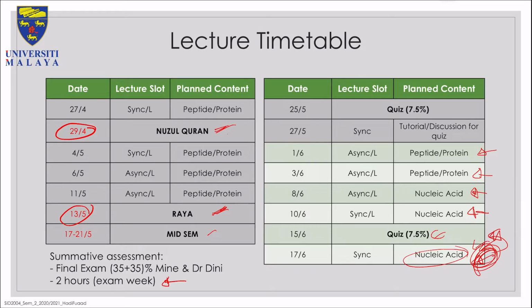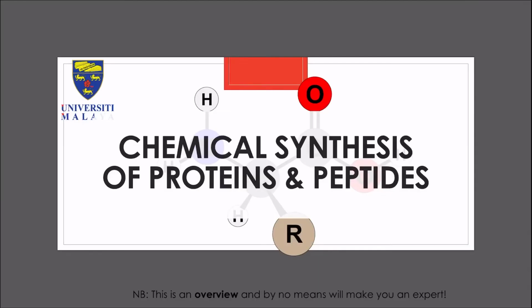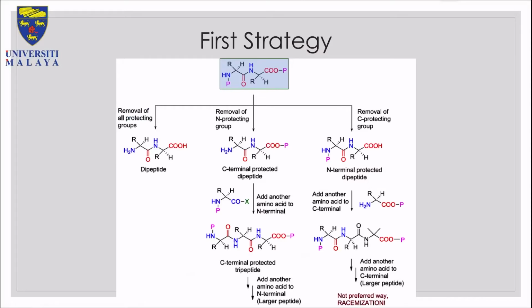But since we have a lot of public holidays, I'm afraid we will not have time to cover everything about peptides and proteins. So that's why I need to take a slot for peptides and proteins. And if I manage to cover both amino acids next week, then we will have a tutorial over here. Again, this is just a plan. I'm hoping for the best.